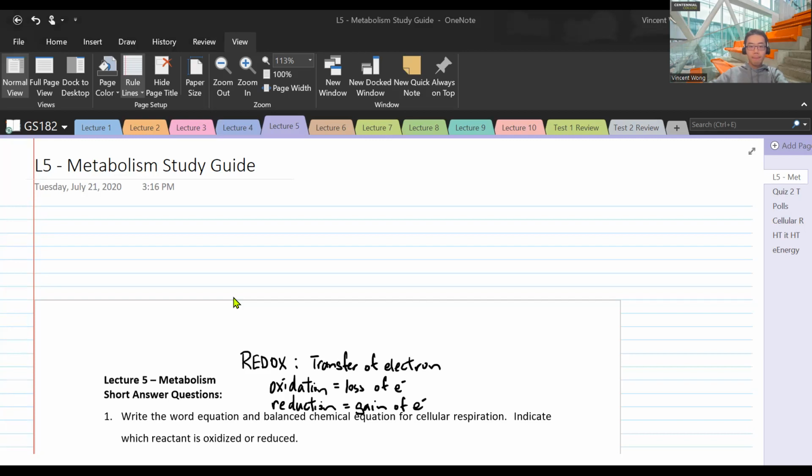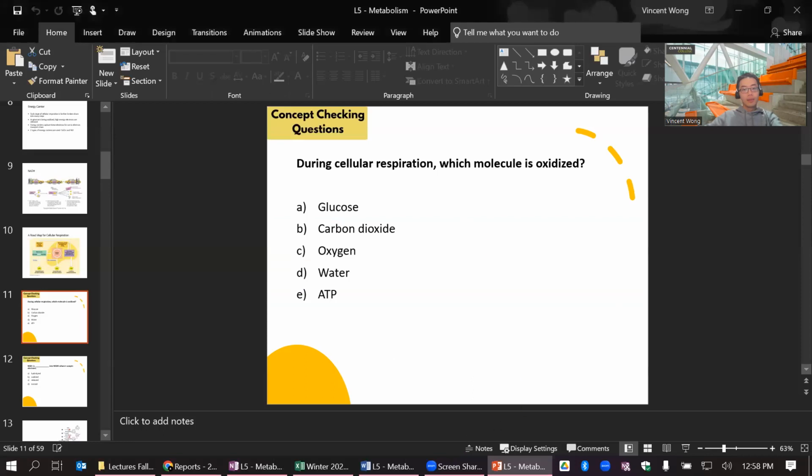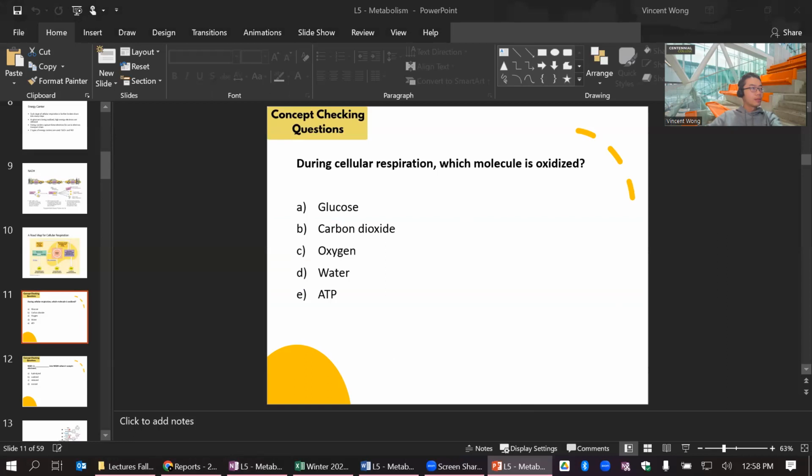Metabolism. Okay, so this is a simple question. Let's take a look.